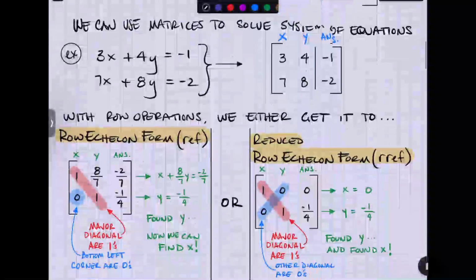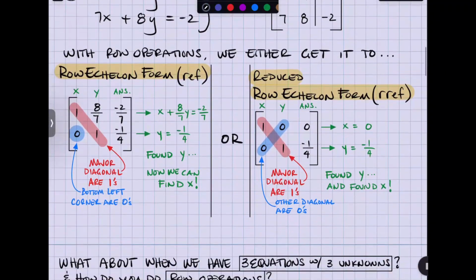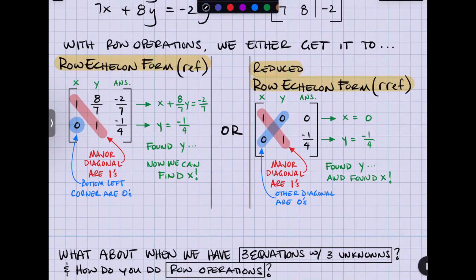So let's talk about row echelon form versus reduced row echelon form. In your calculator it's called RREF for reduced row echelon form. All right? So row echelon form means this: this major diagonal is all ones, and this bottom left-hand corner is going to be a 0. That is your row echelon form.